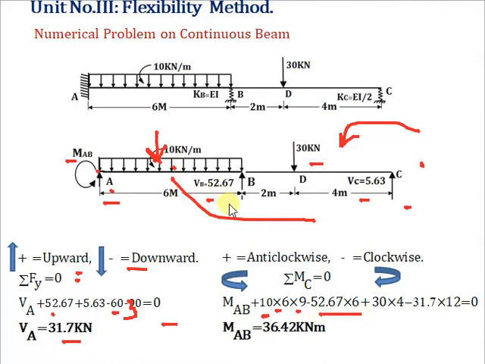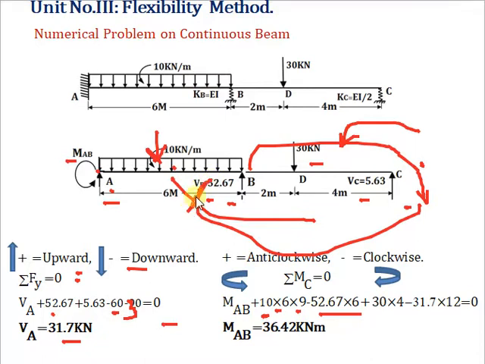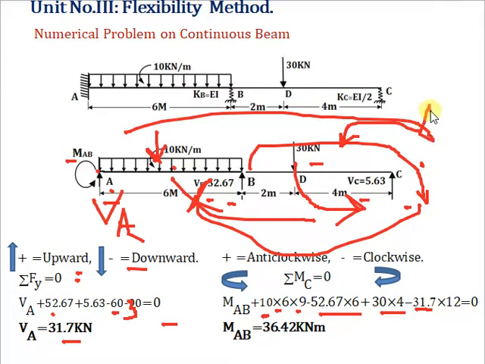Next, the reaction 52.67 rotates about C in a clockwise direction, so minus 52.67 into lever arm 6. Next is the point load 30 acting in a downward direction, so plus 30 into 4. And next is the reaction VA acting at A, whose moment will be in a clockwise direction about C, so minus 31.7 into lever arm 12 is equal to 0. So we have MAB is equal to 36.42 kilonewton meter.